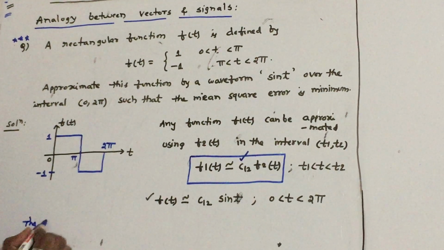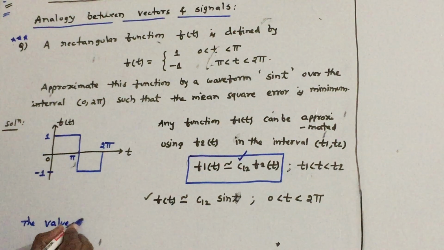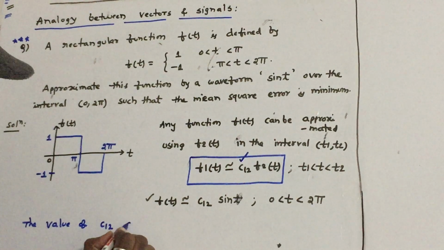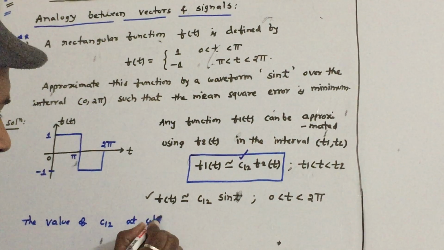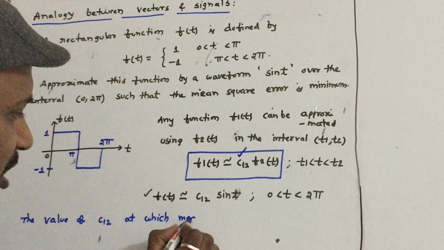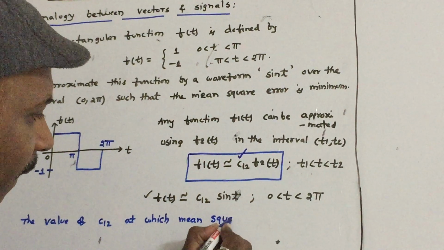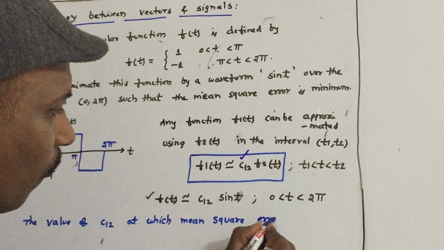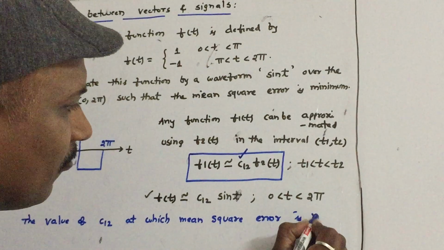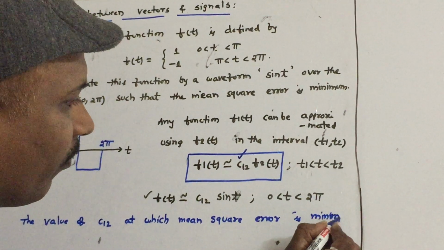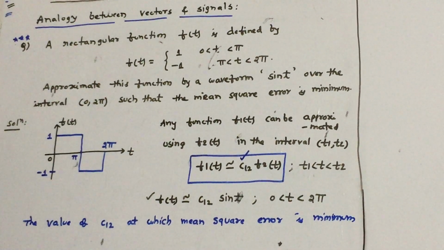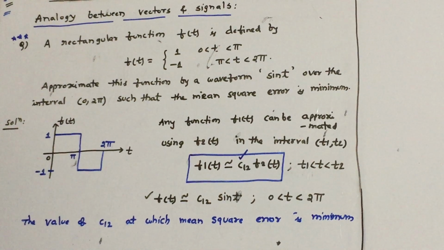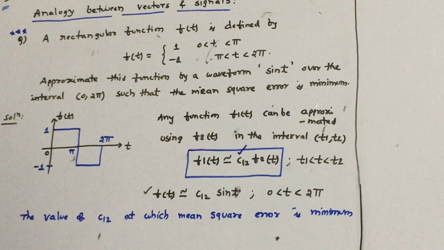The value of C12 at which the mean square error is minimum is given by a very simple formula.